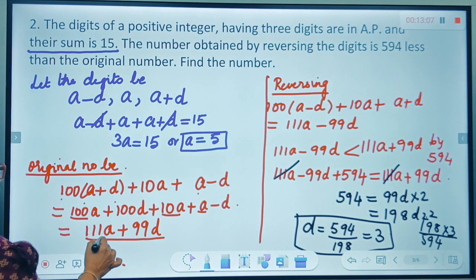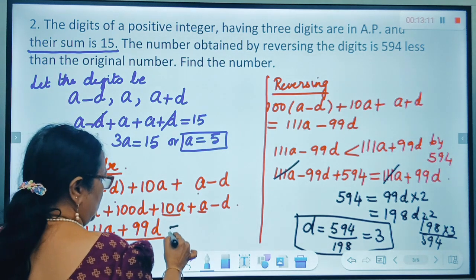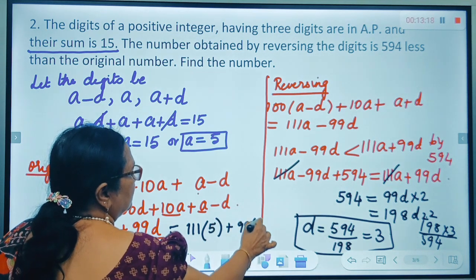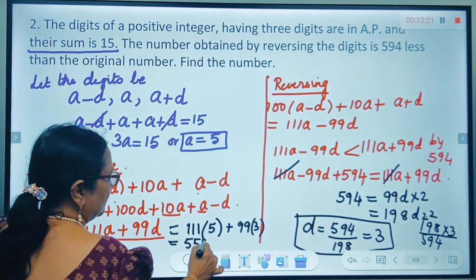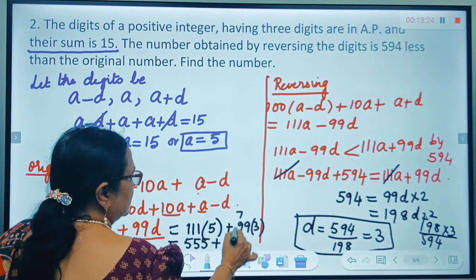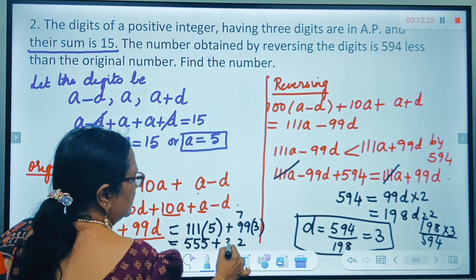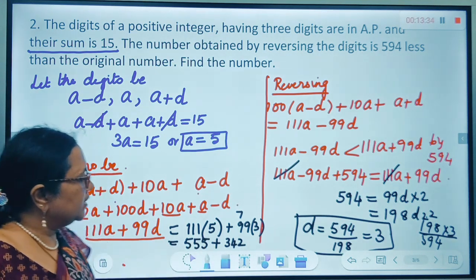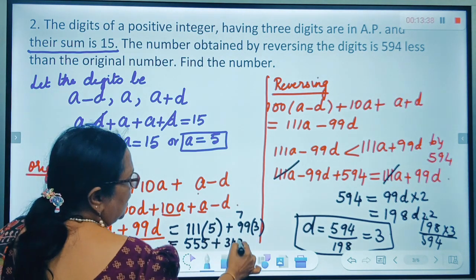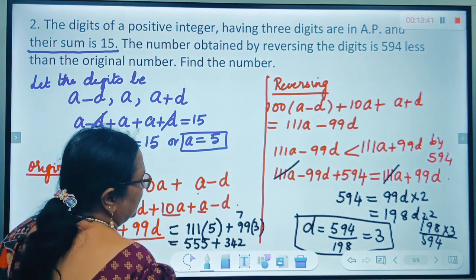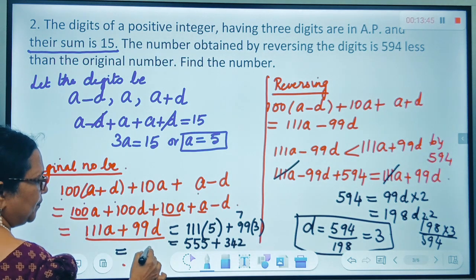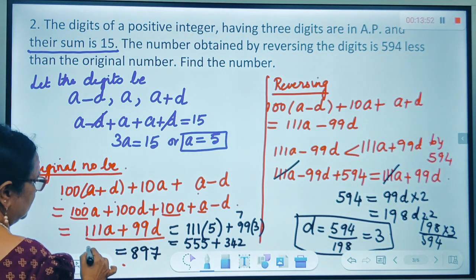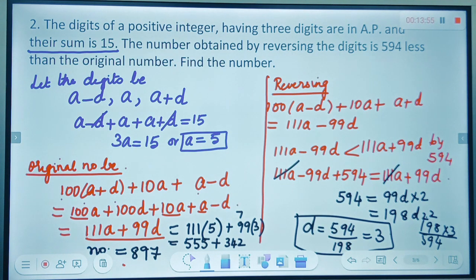The number is 111a plus 99d, which is equal to 111 into 5 plus 99 into 3, which is 555 plus 99 into 3. 3 nines are 27. 27 plus 5, 32. 5 plus 2, 7. 5 plus 3, 8. So the number is equal to 897.